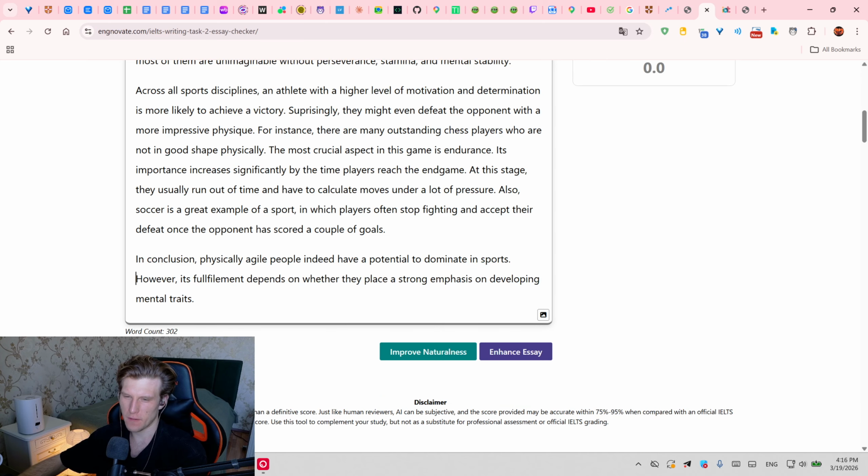That should work. I feel like it should work. However, its fulfillment, like potential, depends on whether they place a strong emphasis on developing mental traits.